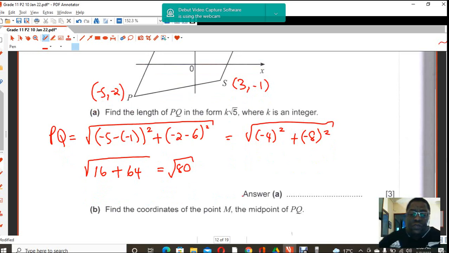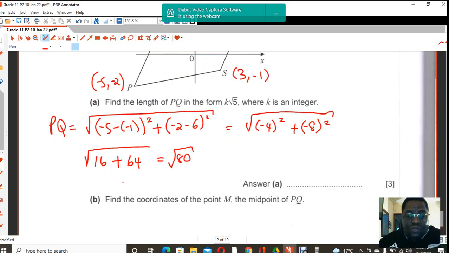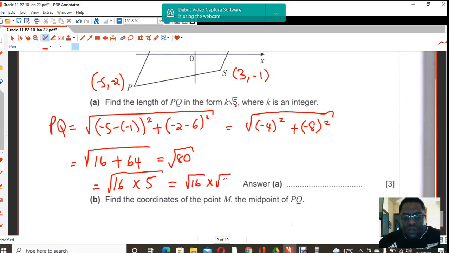Now, there's a way you can do this without using a calculator, okay? So you're going to think 16 times 5, because it says 5 is here already. So I know that 16 times 5, what square number times 5 gives you 80? So then this can be written as the square root of 16 times the square root of 5. And guess what the square root of 16 is?